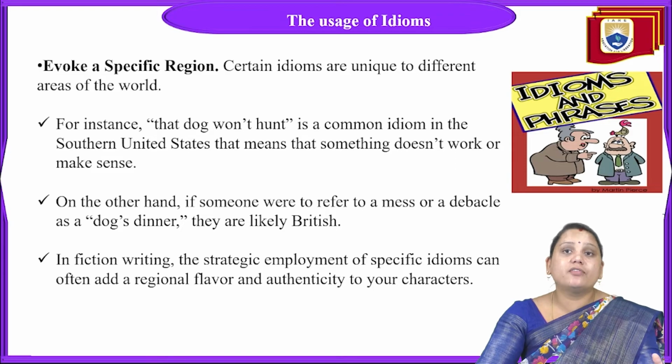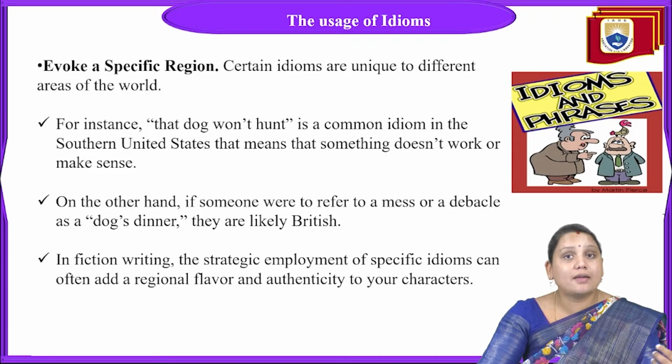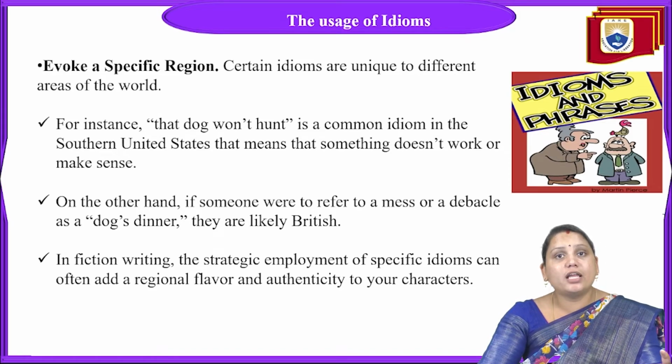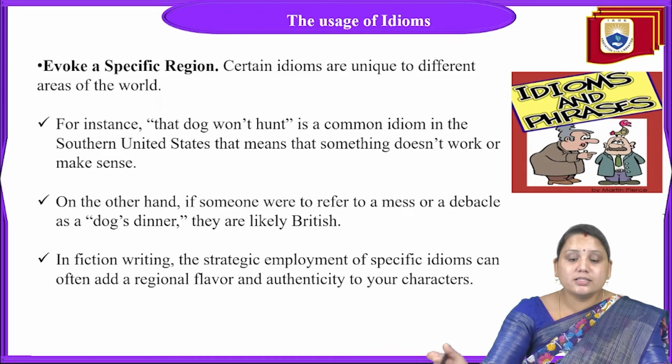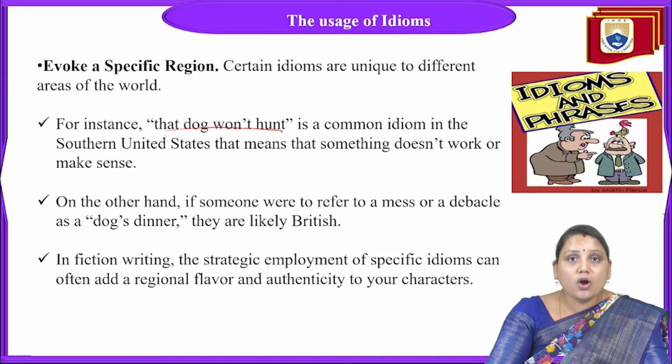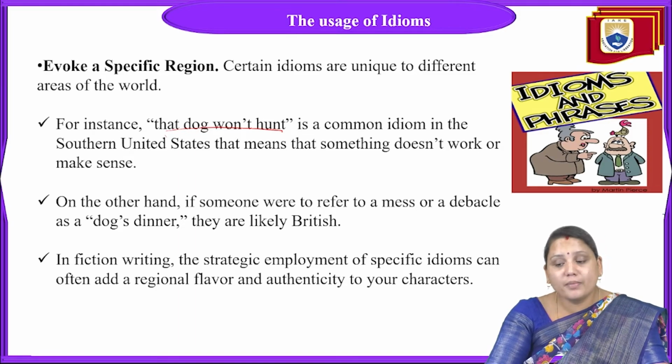Evoke a specific region. It will help you in evoking specific regions in your communication process. Certain idioms are unique to different areas of the world. They are very unique and stuck to different areas of the world. For instance, the dog won't hunt. The dog won't hunt is a common idiom in the southern United States.